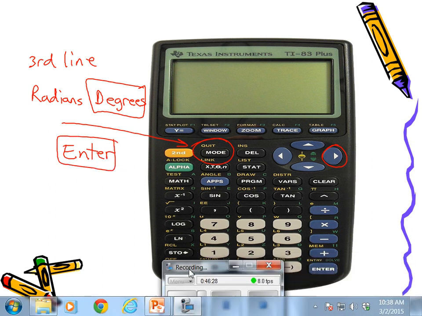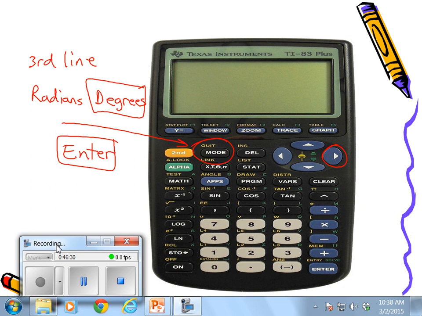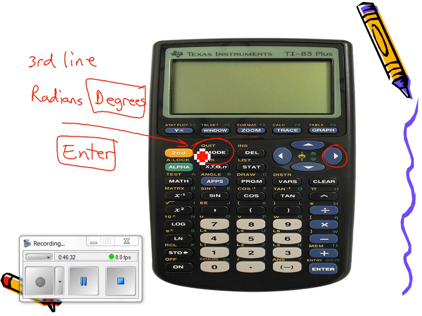So if I move this out of the way, what I would want to do is hit the mode button, then it'll pull up the screen and the third line down will say radians and degrees.